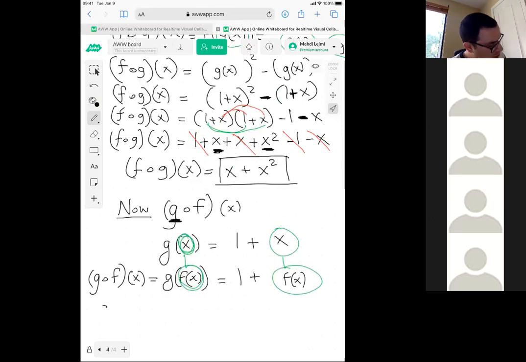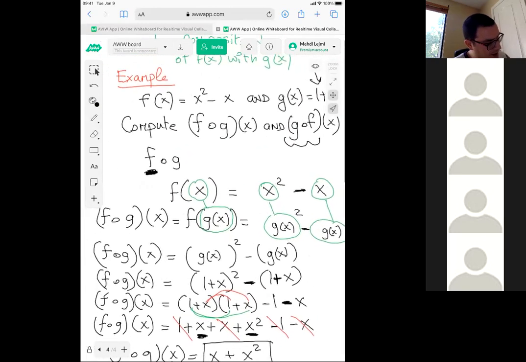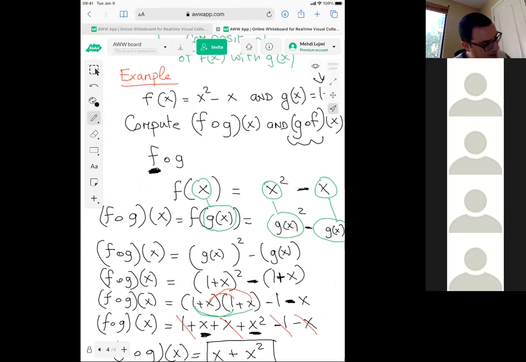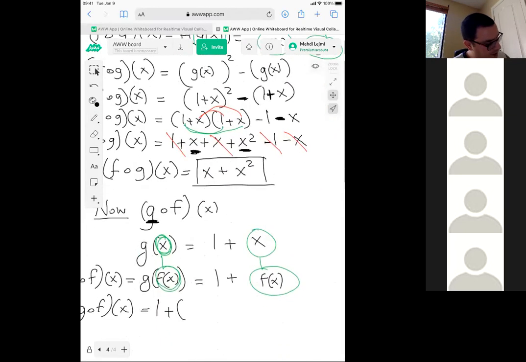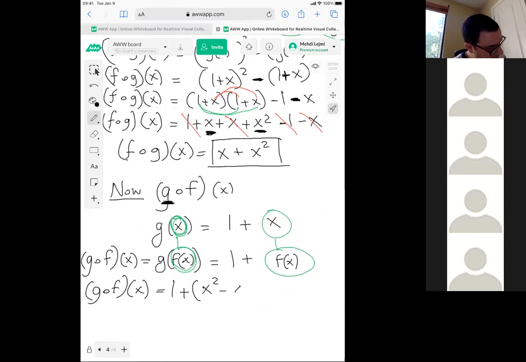So then my g composed with f is 1 plus parentheses f of x. So f of x is actually x squared minus x, right? This is my f of x, x squared minus x. So it's 1 plus x squared minus x. That's my f of x.